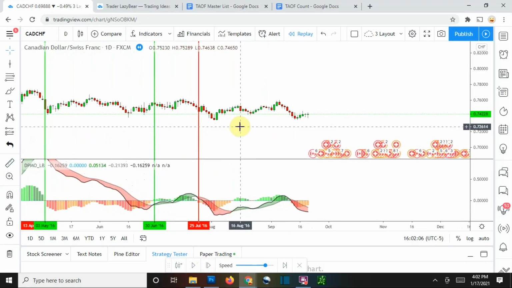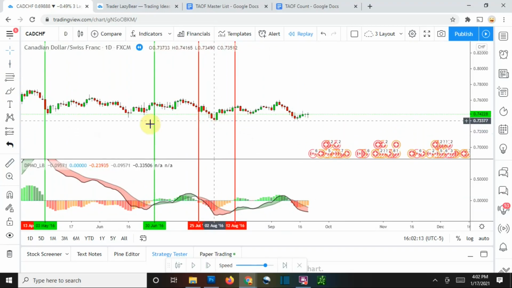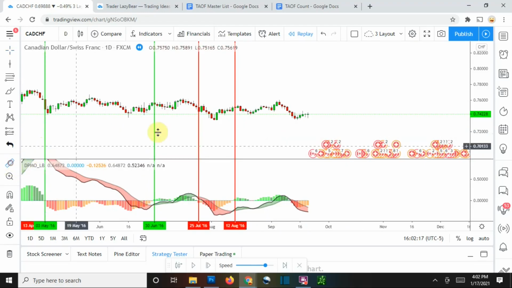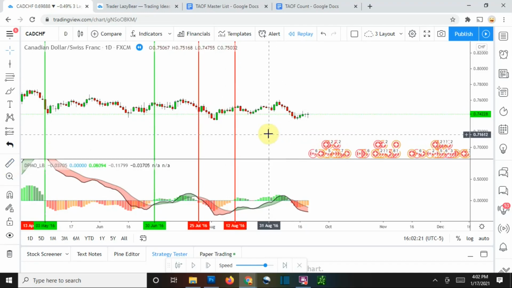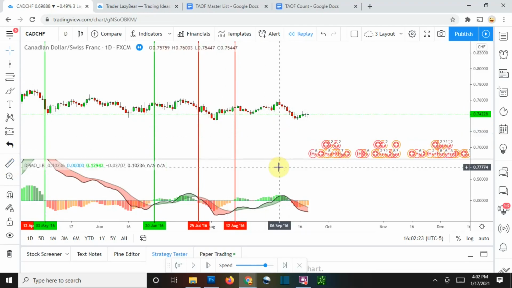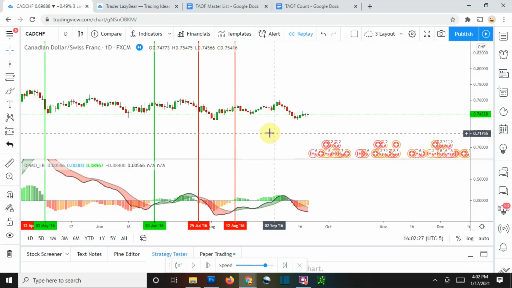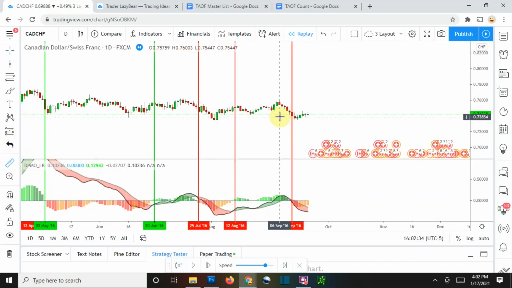We pick up a long over here on this side, right about there, and doesn't look too great for us. Does stop us out. Then a short signal here, right about there.